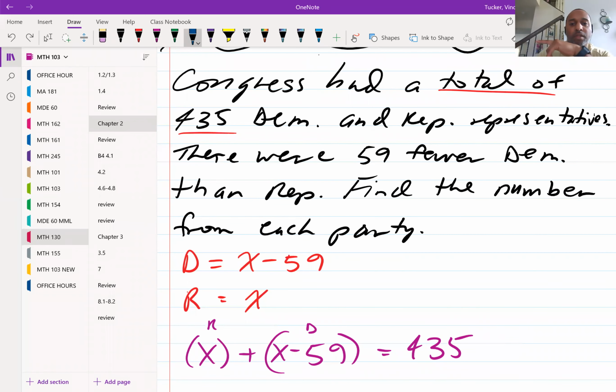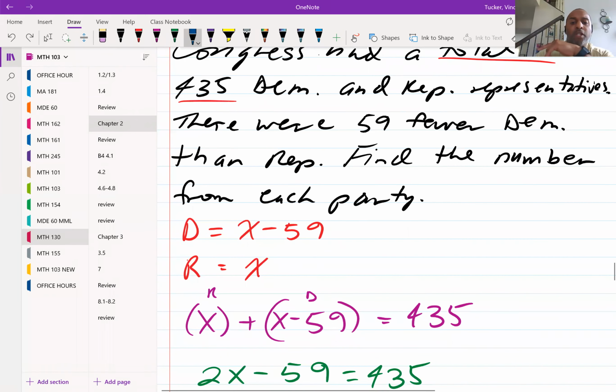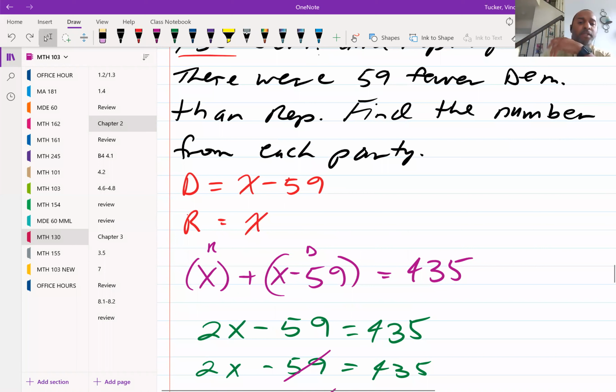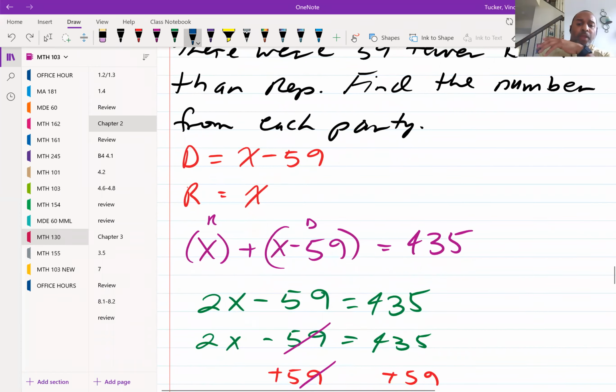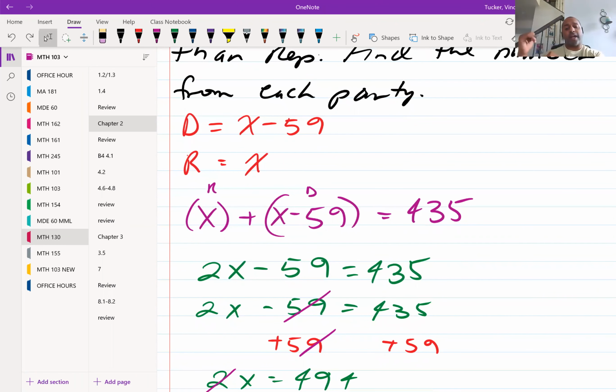Everybody straight? All right, so now to solve, the first thing we would do is combine our like terms. X and X, that's 1X plus 1X will give me 2X's. And the minus 59 is still there, equal to 435. Okay. So now I want to move the 59 to the other side of the equation, so I'm going to add 59 to both sides.